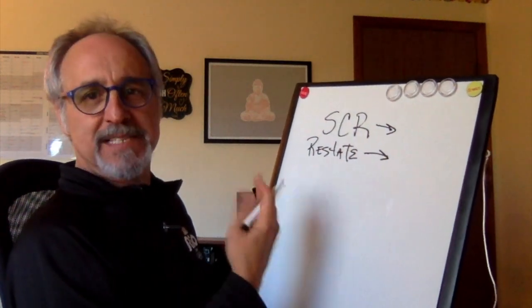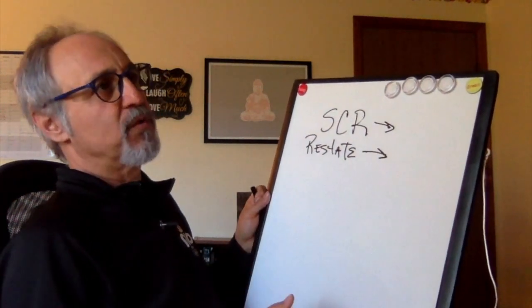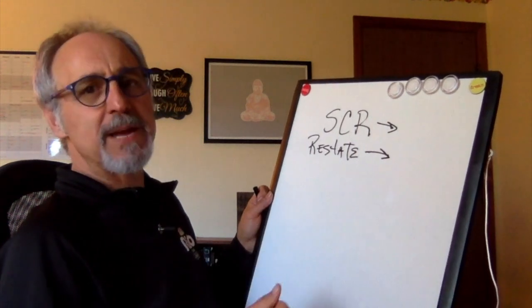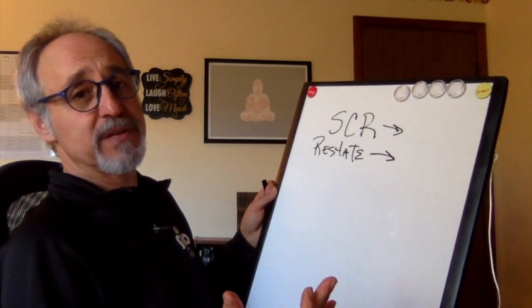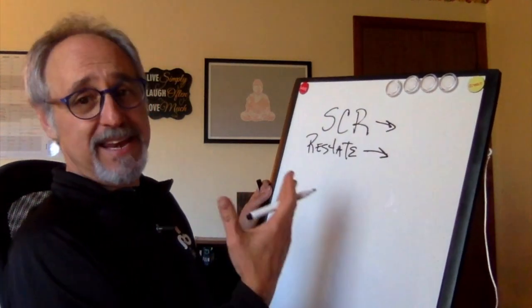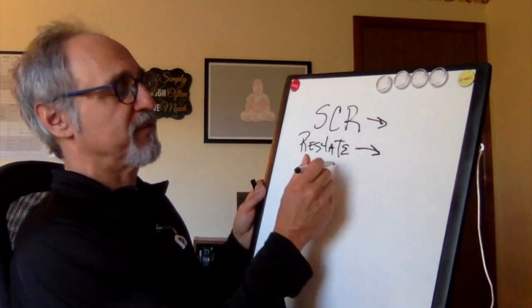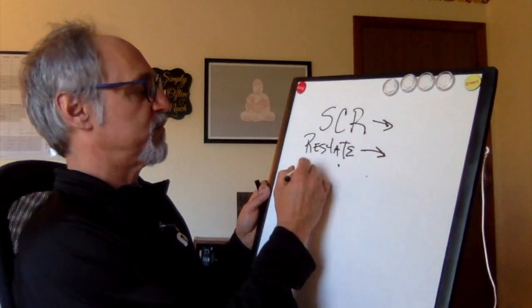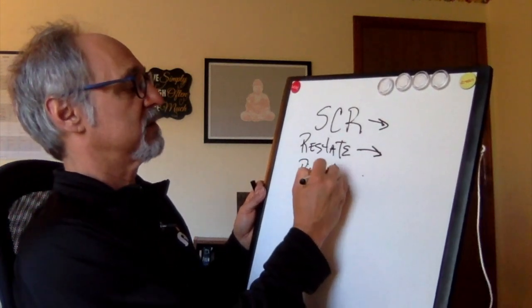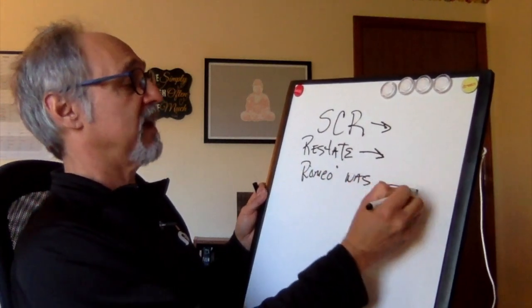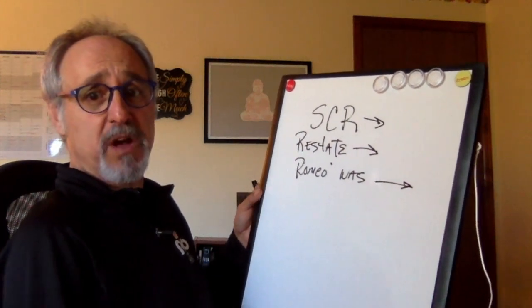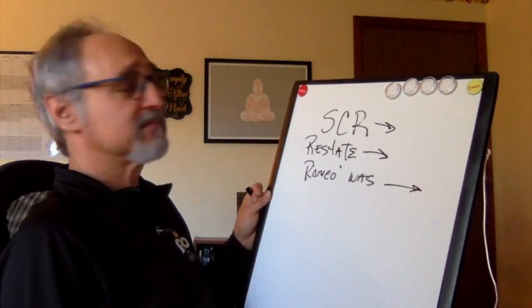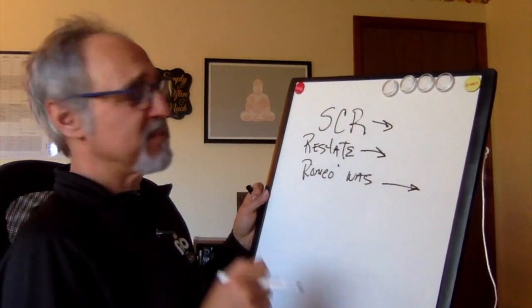So if the prompt is asking you, for example, what type of character was Romeo in the play Romeo and Juliet, you would rewrite that, instead of 'what type of character was he,' you would put 'Romeo was,' and then you're going to answer the type of character that he was. Got it? Good. All right.